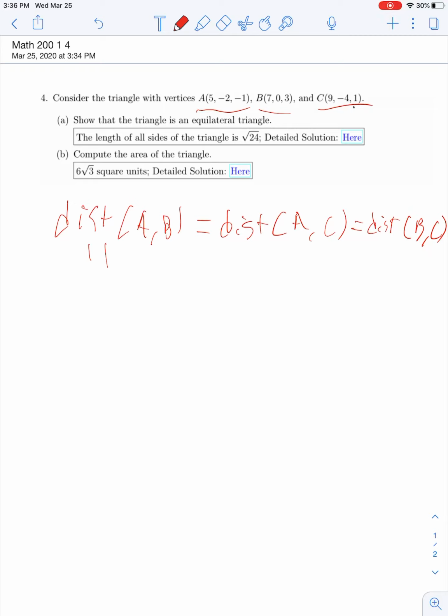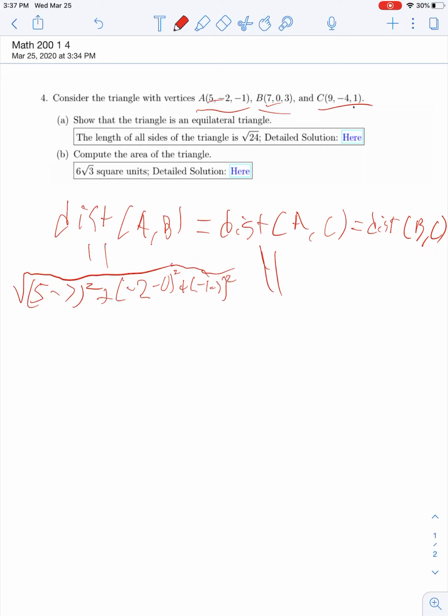So this right here is going to be equal to the square root of, so that's 5 minus 7 squared, because we're looking at the x1 and the x2, plus negative 2 minus 0 squared plus negative 1 minus 3 squared.